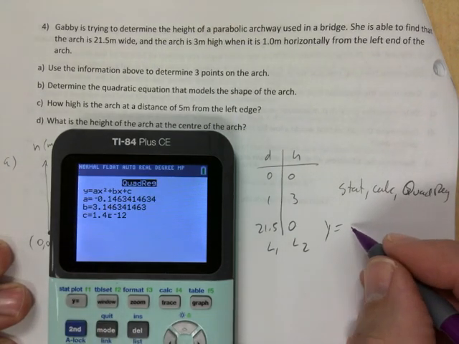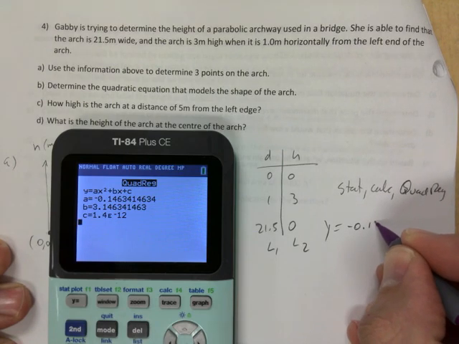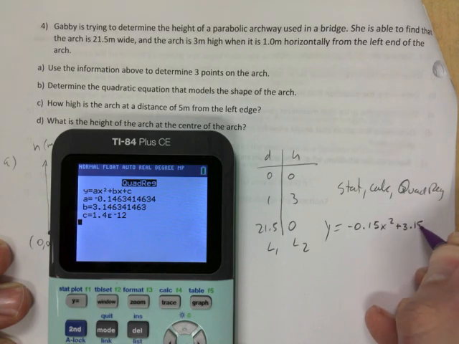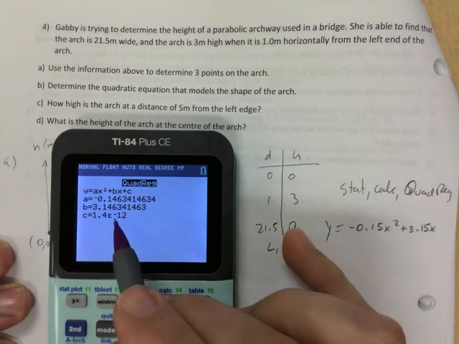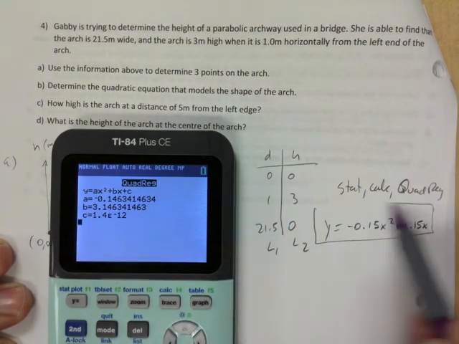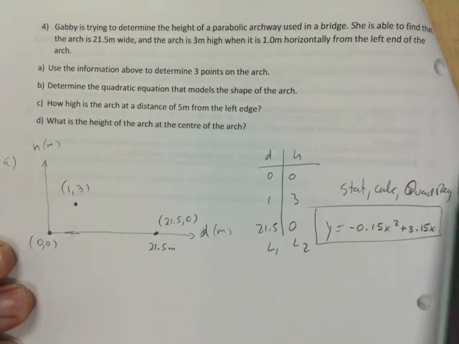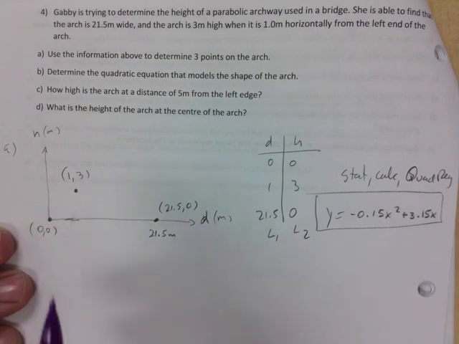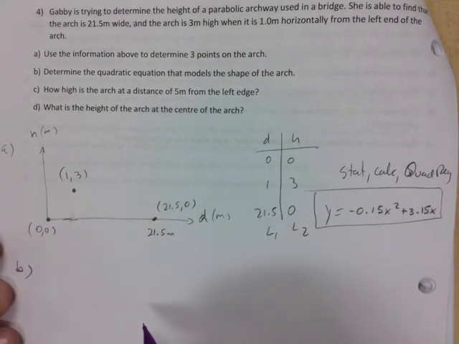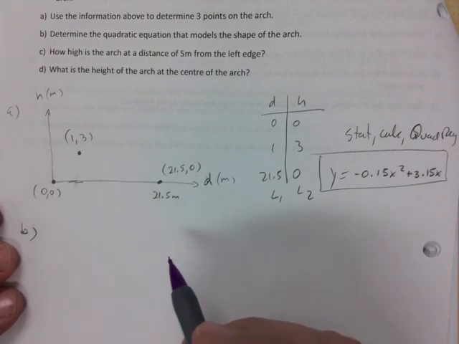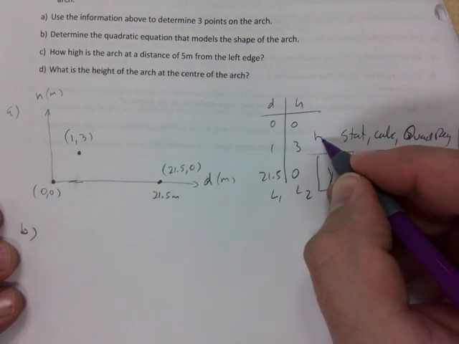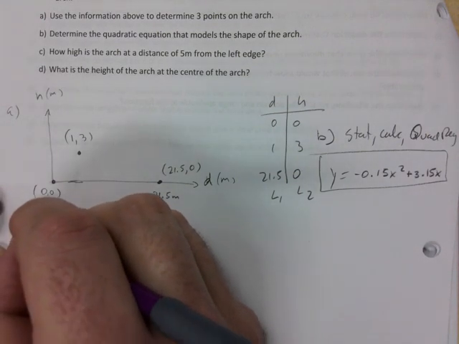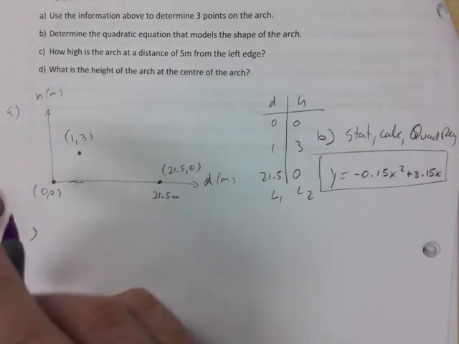We have negative 0.15x squared plus 3.15x, and this is 0, all right? So this is my equation. So B, determine the quadratic equation that would model the shape of the graph. So sorry, that is already here. We did B. How high is the arc at a distance 5 meters from the left edge, right?